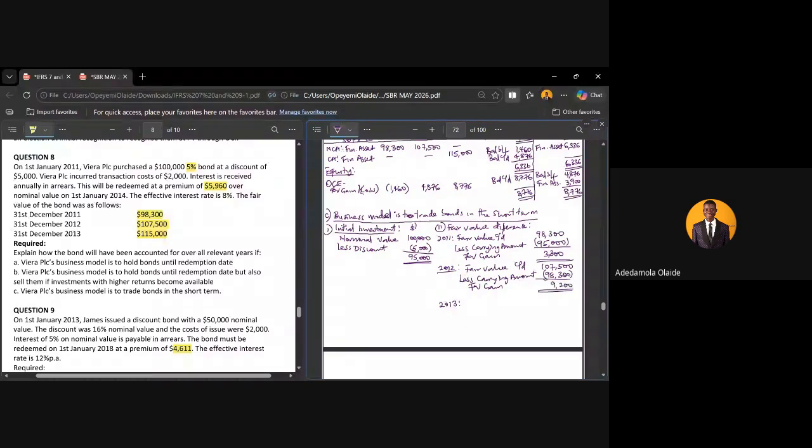Then the third year, the fair value at the end of the year is 115,000, less the carrying amount at the beginning of the year, which is 107,500. And that will give us 7,500.